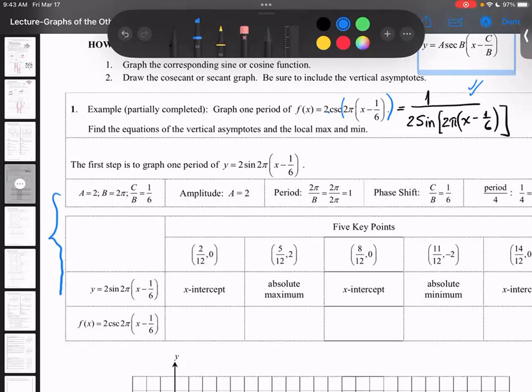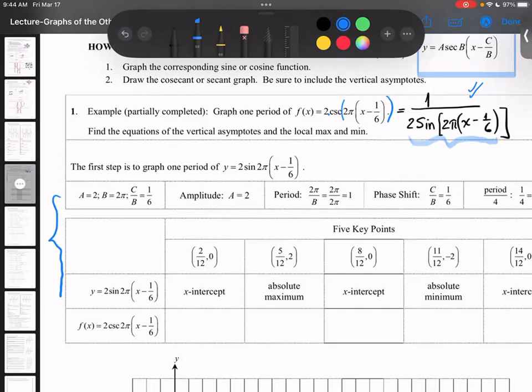So what they do next is they assess this one. The 1 is boring, it's just a constant. I showed you how to do that last time. Remember, A is 2, the amplitude. B is 2 pi. C over B, that's your phase shift, which is 1/6. Then the 5 key points, there's a formula for the 5 key points.